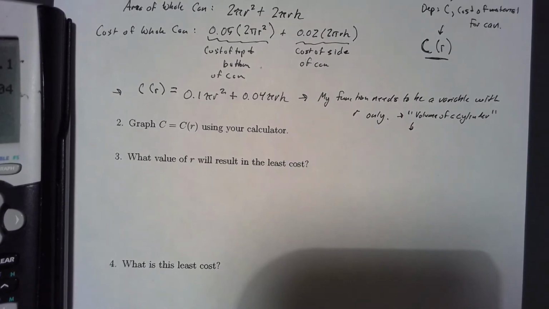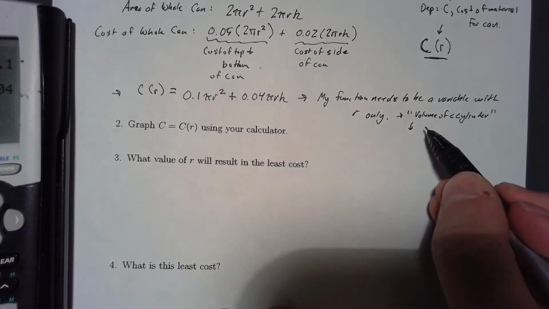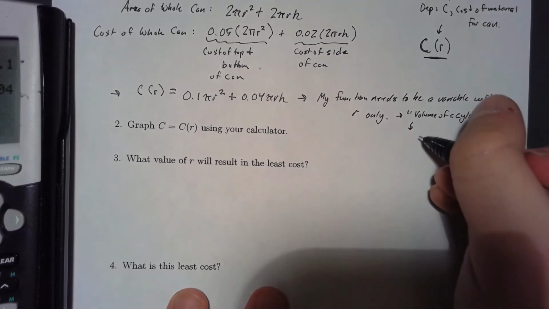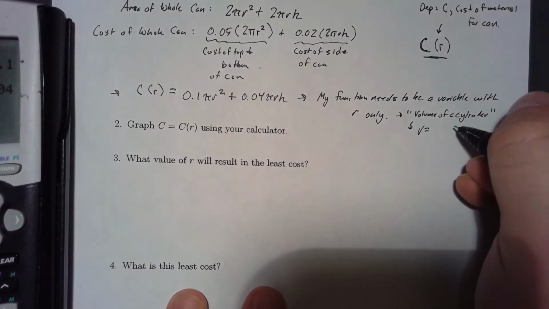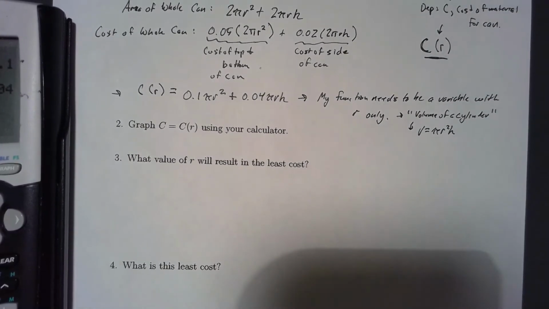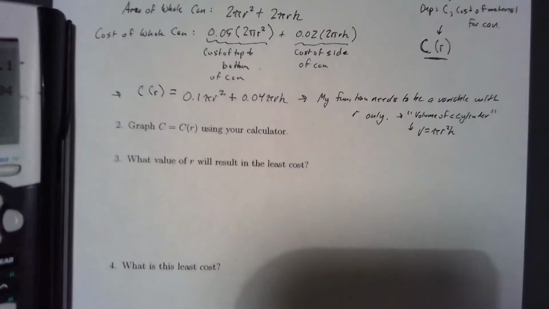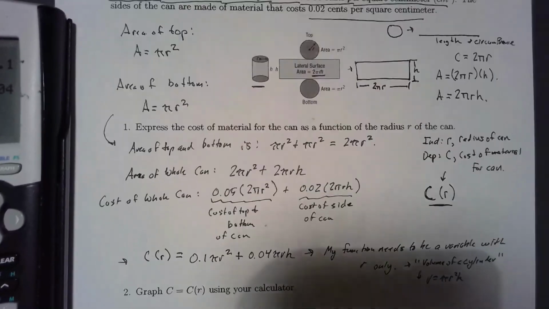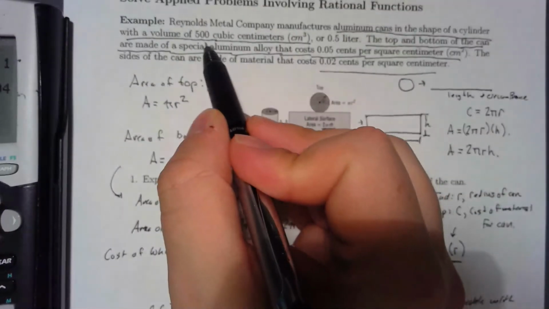I think it's 4/3 pi r cubed, but I could be wrong about that. No, that's the volume of a sphere. The volume of a cylinder is pi r squared h. The problem says that the volume is equal to 500 cubic centimeters.